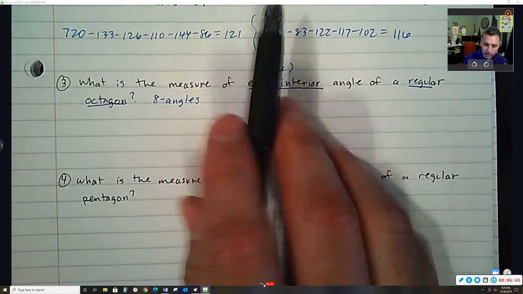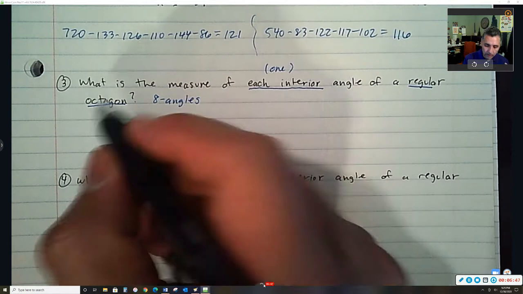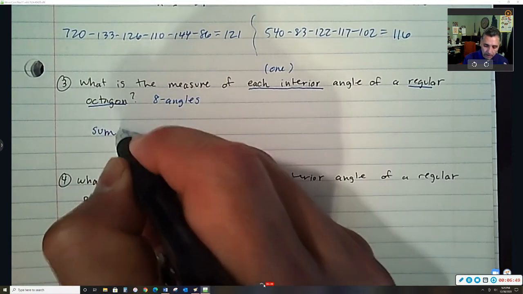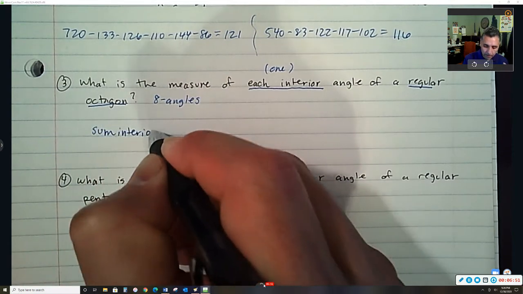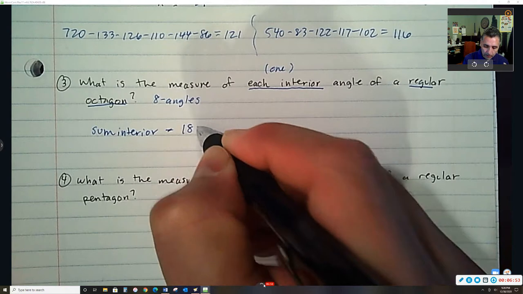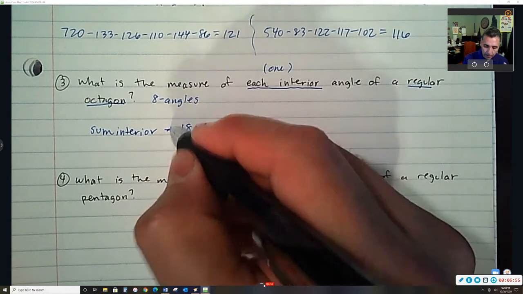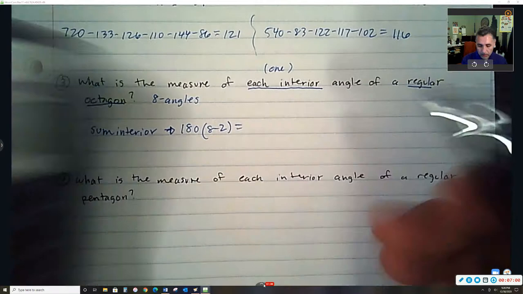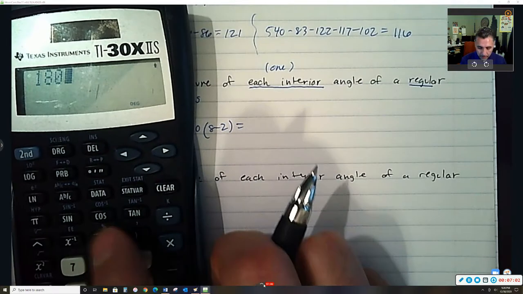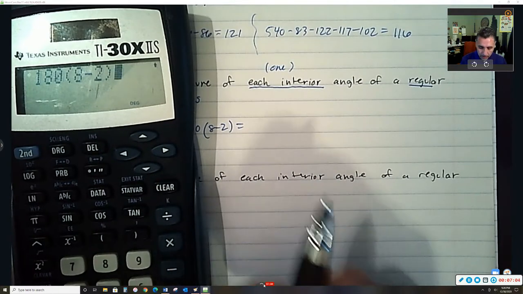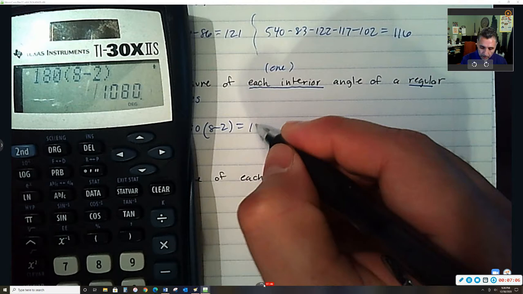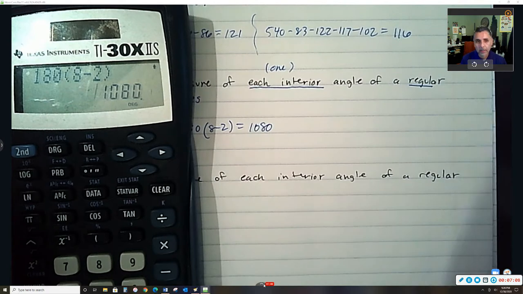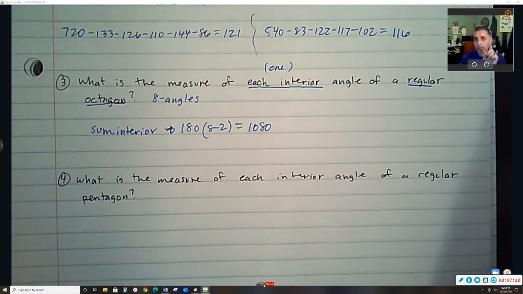So I'm going to find the sum of the interior angles first. I'm going to use my formula, 180 times (8 minus 2). So the sum is 1080 for all 8 angles.